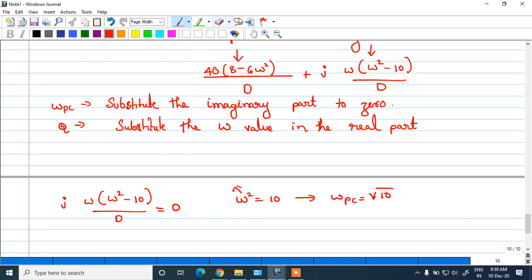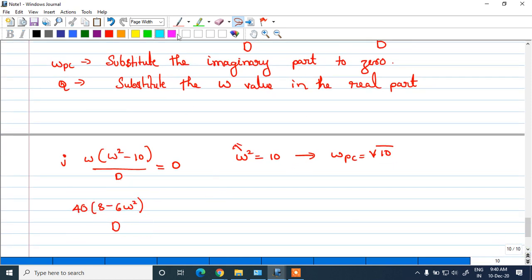So let me copy that. Here, in order to find the value of Q, I have to substitute the value of omega. When you substitute omega square as 10, the final point will be minus 0.769. These are the simple calculations that I am leaving for you. Cross check the values that I have given. So the Q value is done.